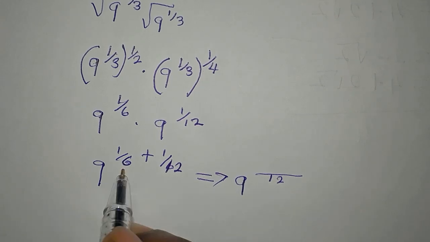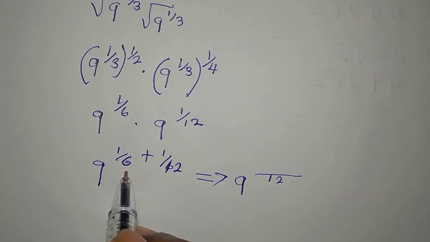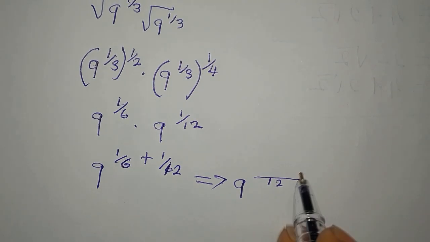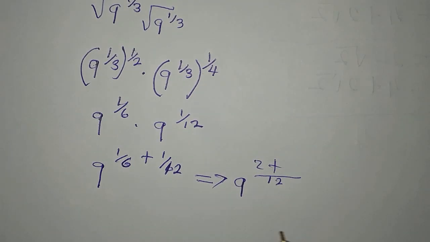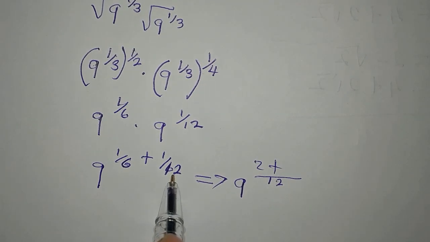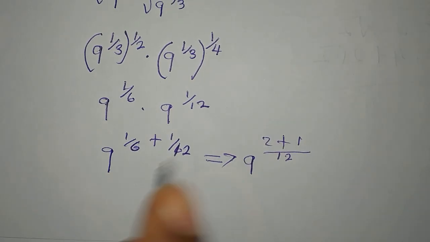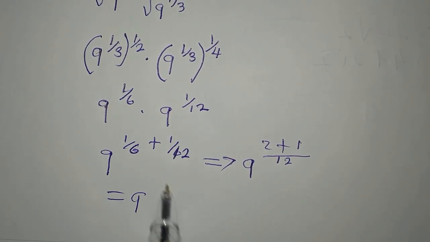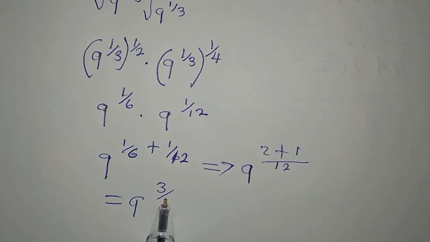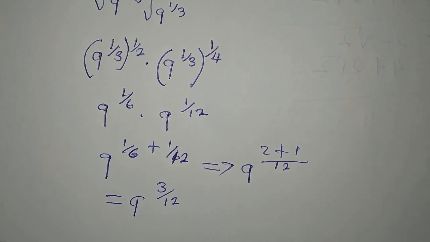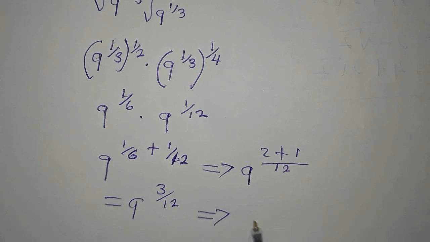Then 12 divided by 6 is 2, 2 times 1 is 2, plus 12 divided by 12 is 1 times 1 is 1. So at the end of the day, we will be having 9 to the power of 3 over 12. Then this also implies that we have 9 to the power of 1 over 4.